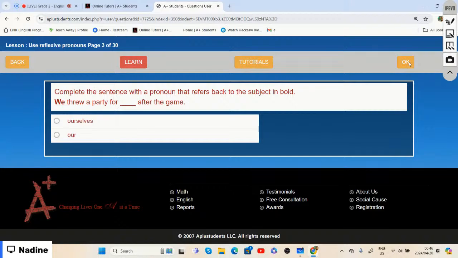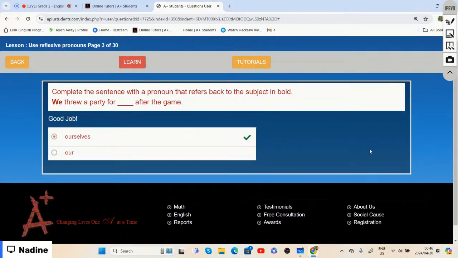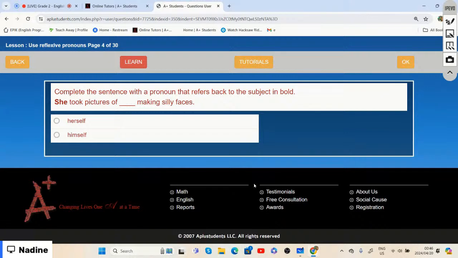So we can say we threw a party for ourselves after the game. So well done. Option 1 is correct, right? Let's do the last one.